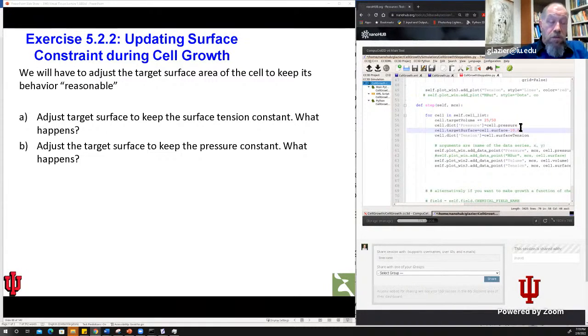And then the surface tension will always be 10 times 2, 20, times lambda surface, which is 3, so 60. So if I do that, then I should find that when I run this, the surface tension is always 60. We'll see if that's the case. Try that and see what you get.